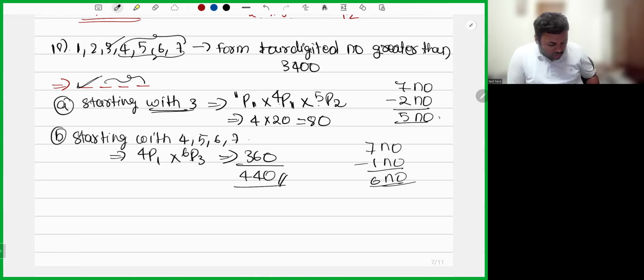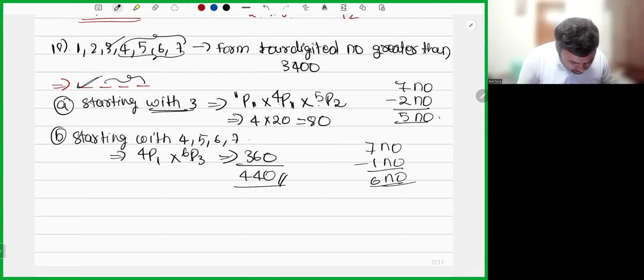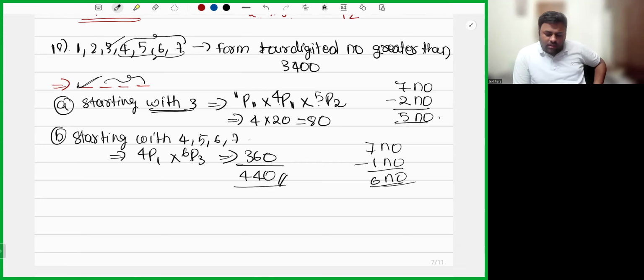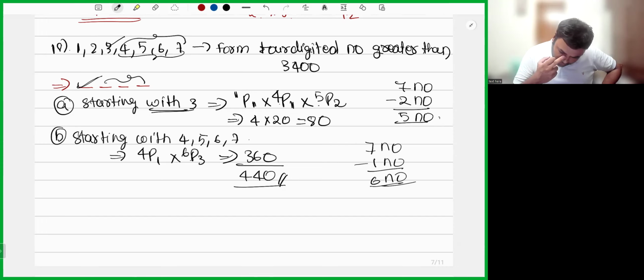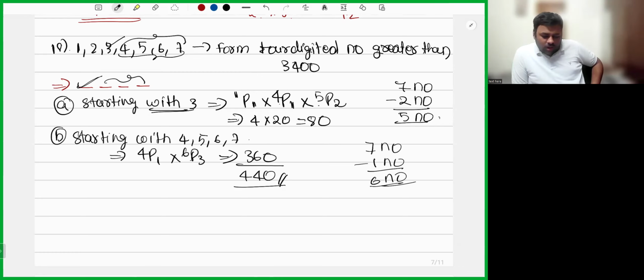Okay. So I hope that's fine, everybody. Number of numbers greater than 3400: first, I'm telling it is starting with 3. 3 I took and kept there. Next, 1 and 2 cannot be kept in the second place, so only 4, 5, 6, 7 can be kept in second place. So for 4 numbers, I'll take 1 number to keep in the second place, 4P1.